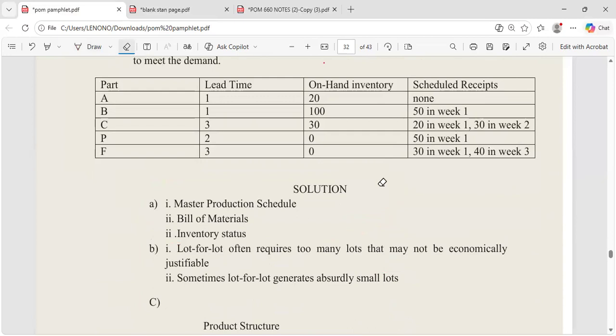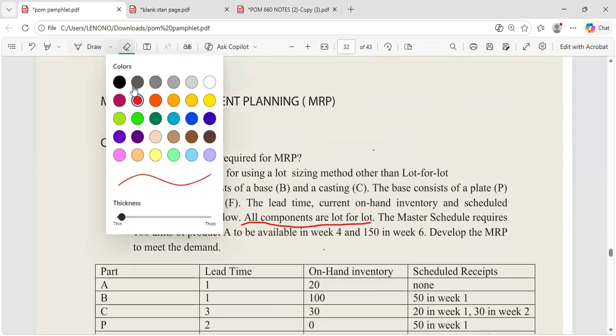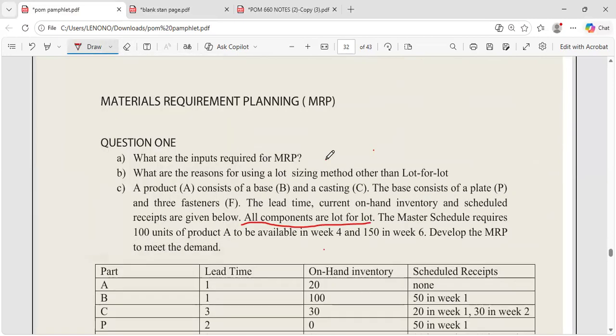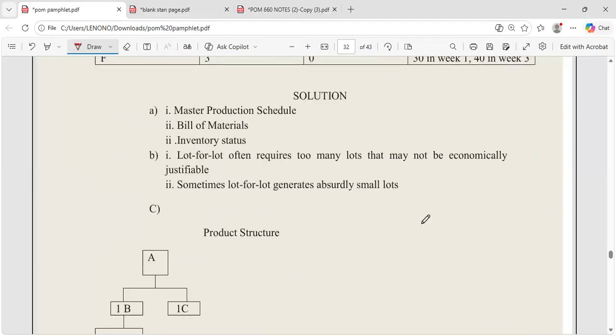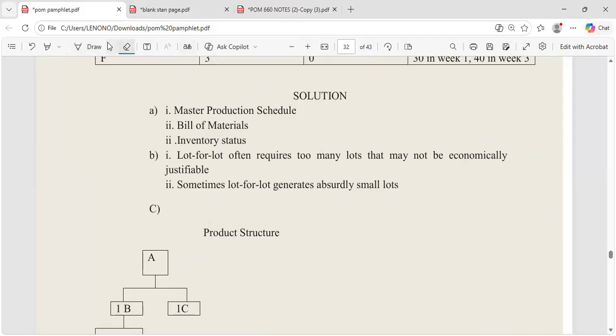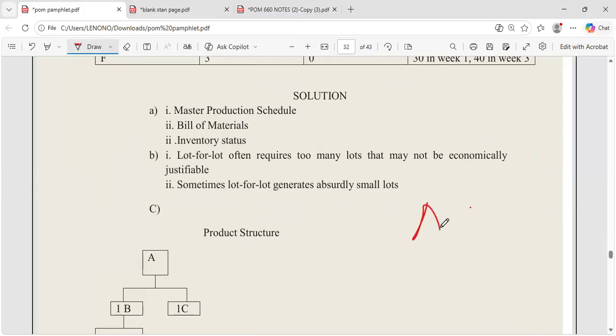So a product A consists of a base and a casting. You come up with a structure, which I'll transfer to the whiteboard. So A consists of what?